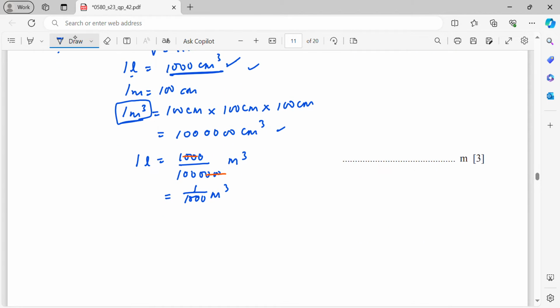So therefore, my 300 liters will be 300 times 1 over 1000 meter cube. Therefore, you cancel the double zero, I will get 3 over 10, which is 0.3 meter cube. Then now, my h, right, I have to find out what my h is.